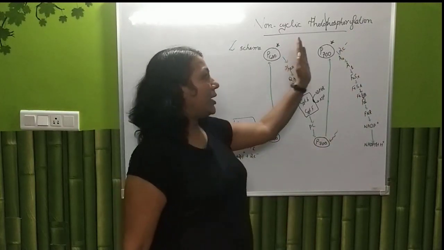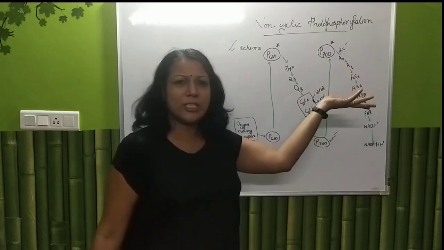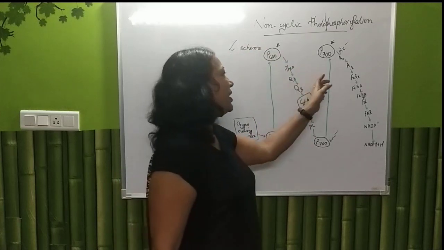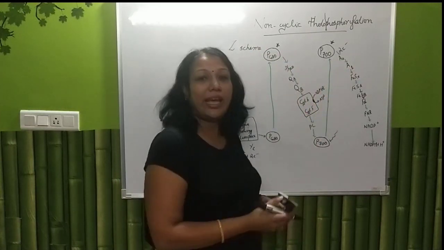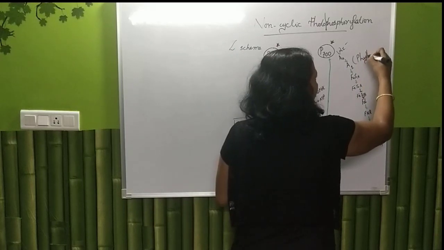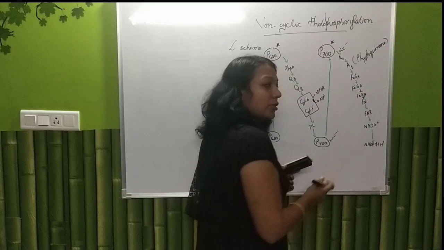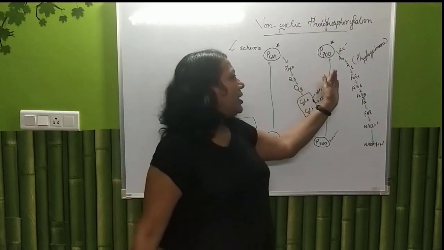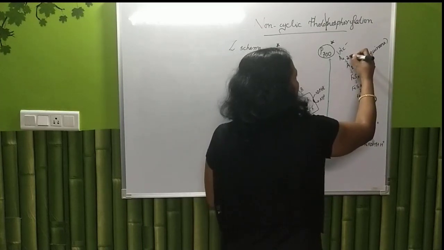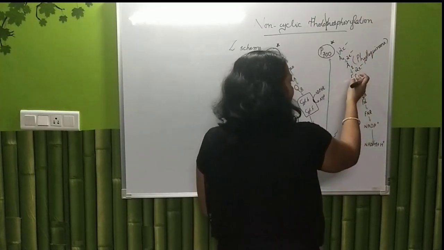These electrons are taken by A0. What is A0? A0 is a modified chlorophyll molecule. Now it is taken by A1. What is A1? I'm writing it here, phylloquinone, an electron carrier. Now from A1, the 2 electrons are taken by FeX.